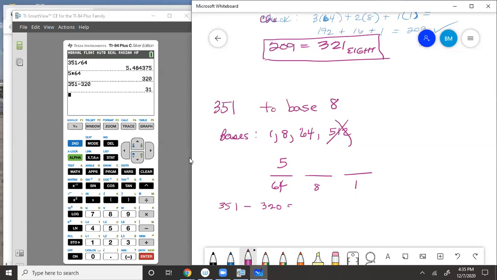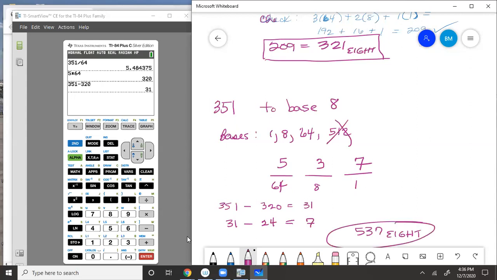All right, so now how many times does 8 go into 31? We got 3 times. Great. And 8 times 3 is 24. So 31 minus 24 is 7. And then how many times 1 goes into 7 is 7 times. Okay, so the number is 537 base 8.